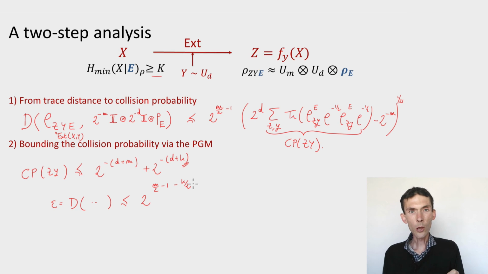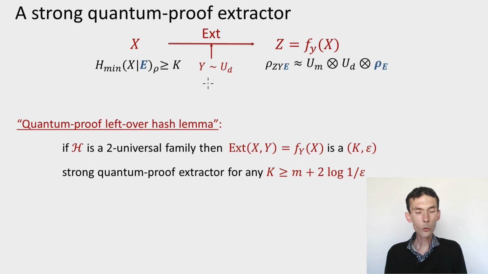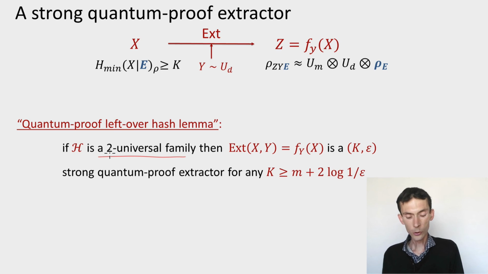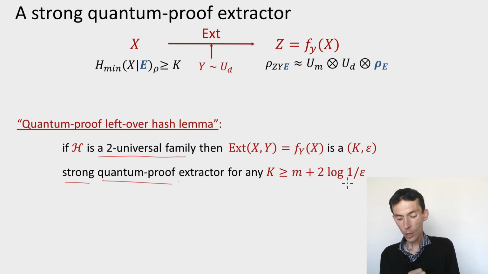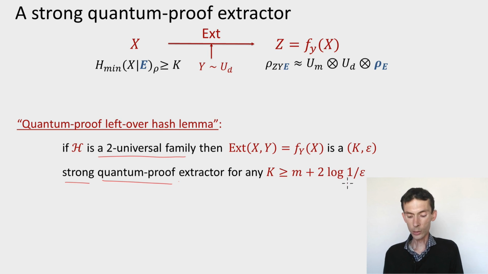As a consequence, we've now obtained a quantum analog of the classical leftover hash lemma, so let me spell it out for you. Here's our quantum proof leftover hash lemma. And it says that if you use an extractor that's based on a two universal family of hash functions, you define the extractor as we did earlier on, then this is going to be a k epsilon strong quantum proof extractor now for any value of the initial mean entropy that's at least the output length that you want to produce, plus a minor dependence on the security of the extractor.